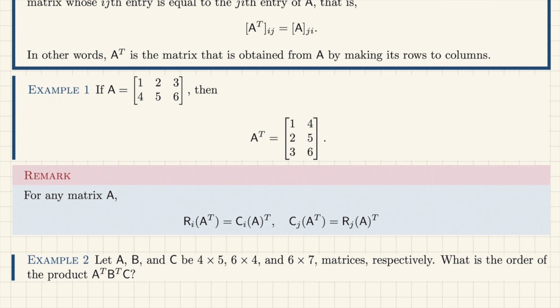So if you remember, what is the meaning of Ri of a matrix, any matrix? It means the ith row of that matrix, yes?